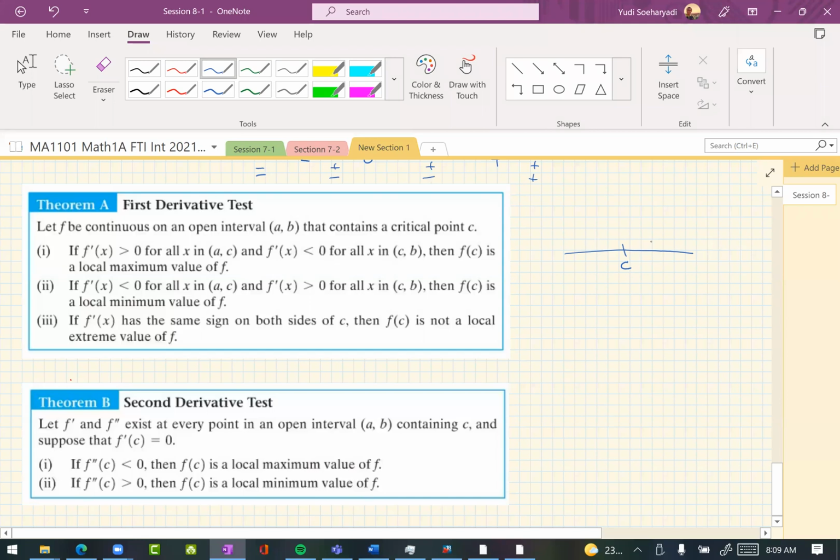And here the second one is the other way around. So negative, this is positive. And this one, same sign.